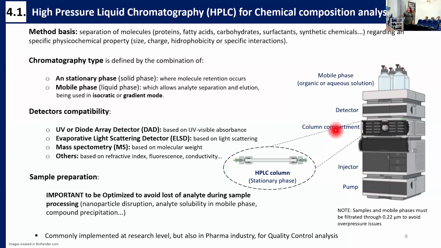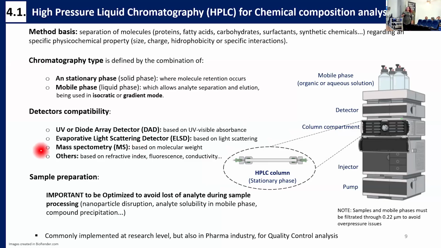Then, after the chromatography step, the separation of the molecules inside the stationary phase, this compartment is connected to a detector. Here, I want to say that this methodology has a really high versatility because there exist a lot of types of detectors.